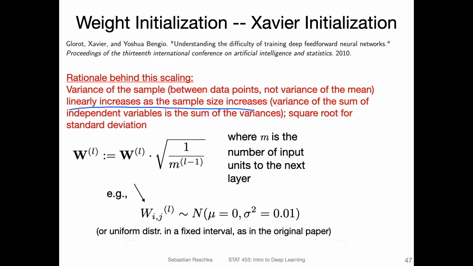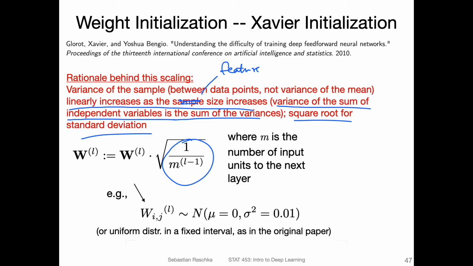The variance of the sum of independent variables is the sum of the variances. Then we have a scaling by 1 over m, where m is the number of features, which would be more correct here. And the square root is to consider the standard deviation.